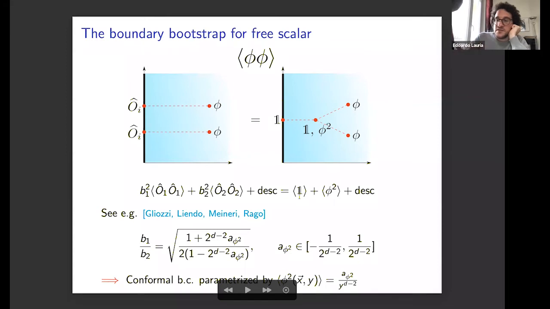The one-point function of the identity is 1, and the one-point function of phi squared is completely fixed by the symmetry up to a coefficient called a phi squared, and it's dynamical. And finally, you can just solve this equation, and you find a relation between b1, b2, and a phi squared. Okay, this is highly non-trivial.